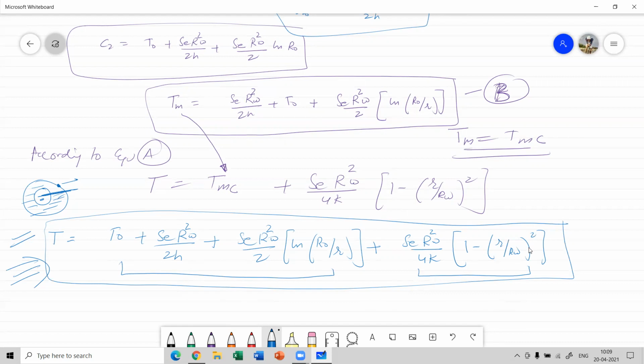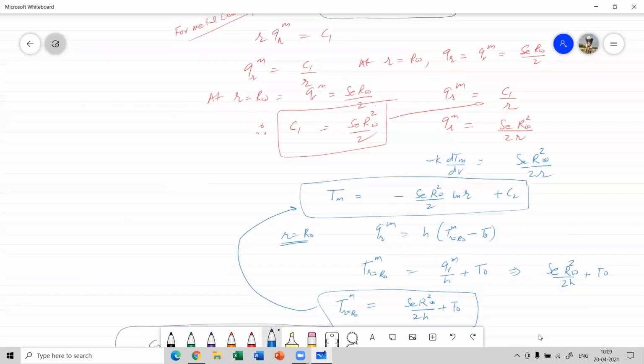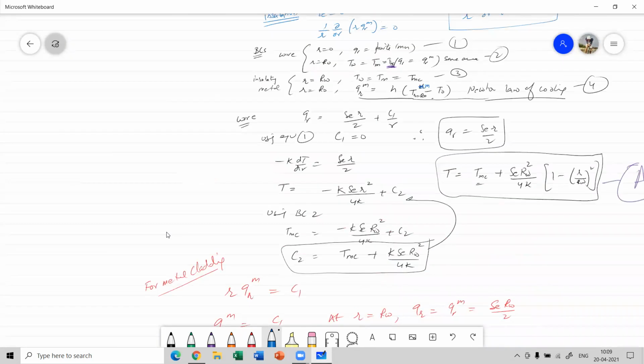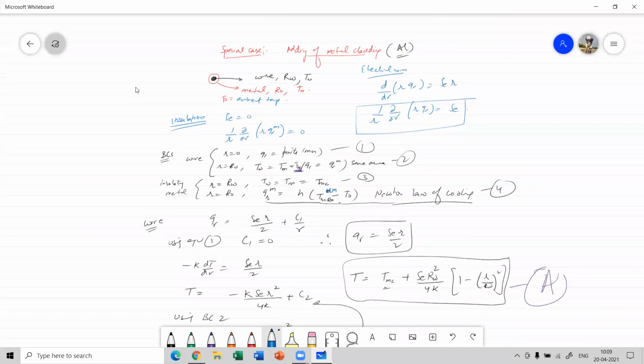Further, the same thing can be done for a system where you have multiple claddings.